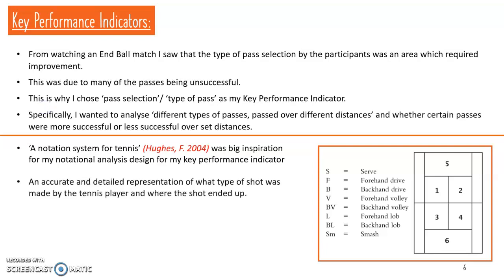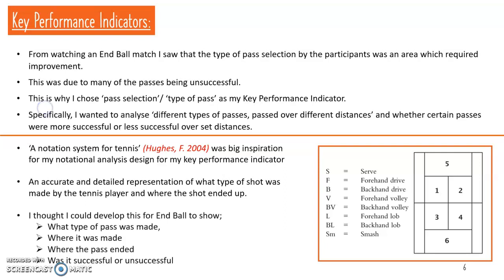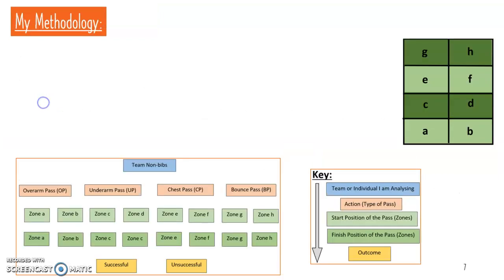And I thought I could develop this for endball to show what type of pass was made, where it was made, where the pass ended, and was the pass successful or unsuccessful.